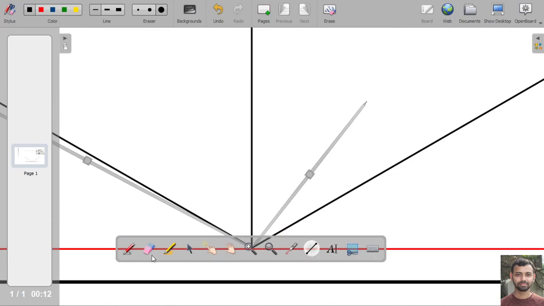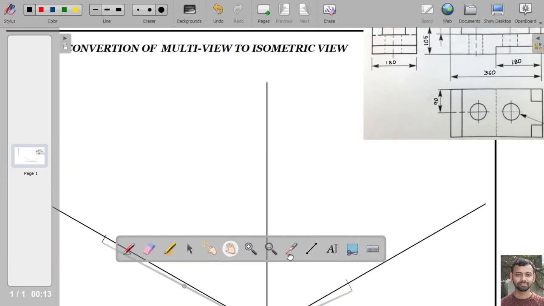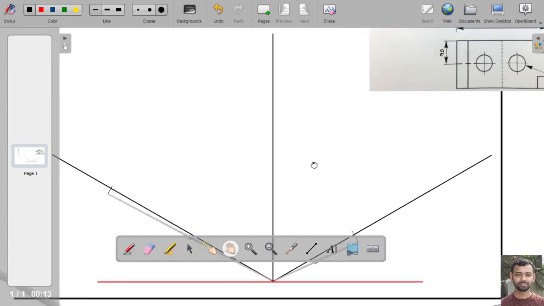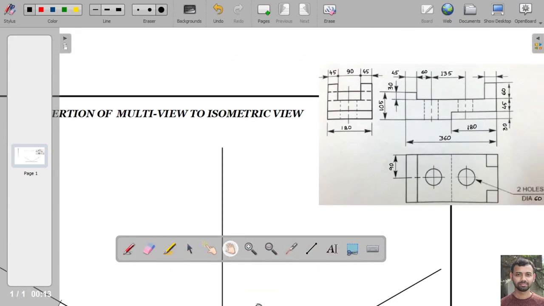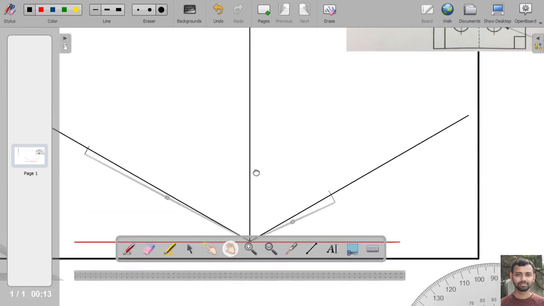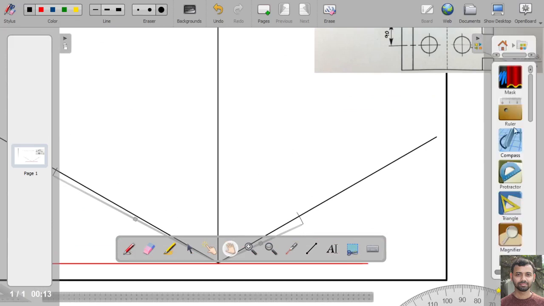So this is 180 mm up to this point. Okay, so this is 180 mm. Now the next is the height. So the total height is 135 mm. So now we will measure the total height, that is 135 mm. So we are taking another compass.